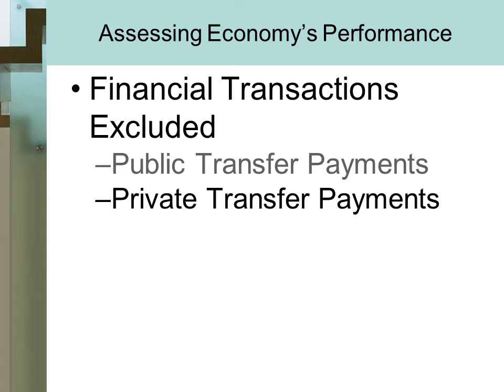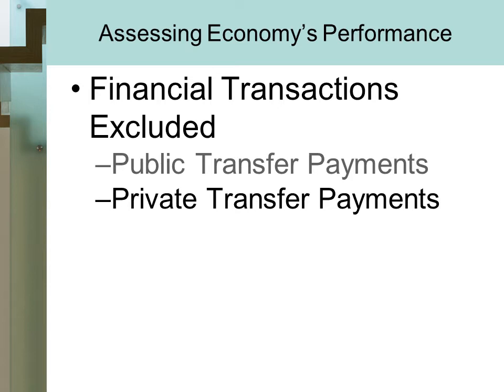In other words, the government sends a welfare check, an unemployment check, a Social Security check. All of these are obviously necessary social welfare benefits. However, no good was produced and no service was provided, so we wouldn't want to count that towards gross domestic product, because GDP is trying to measure economic activity, final goods and services produced.